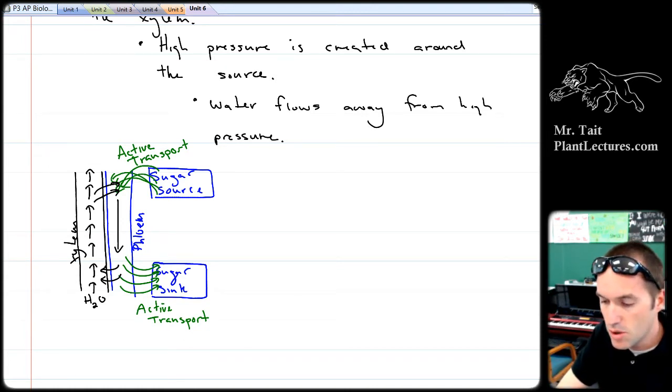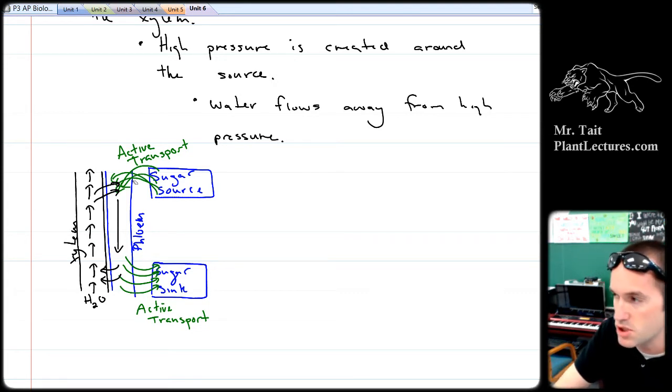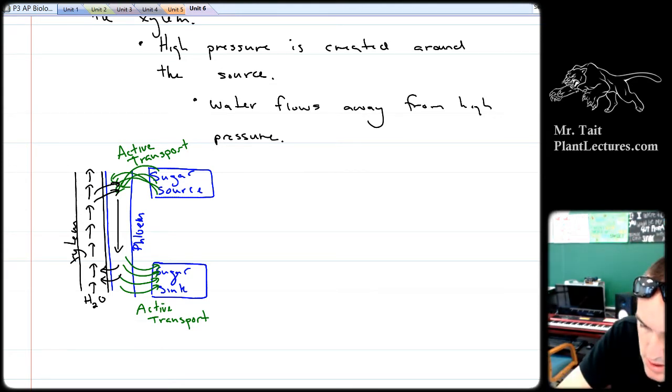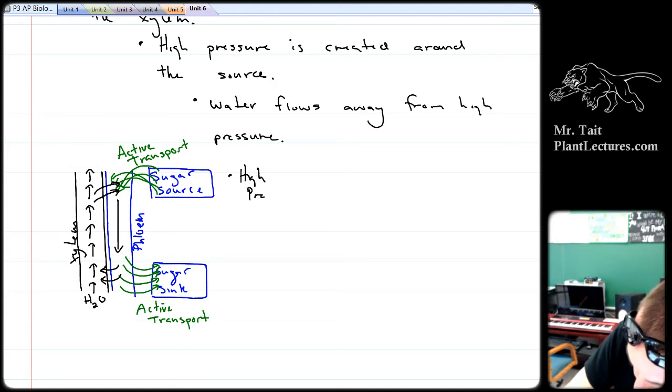Right? So this pressure-directed flow is twofold. You've got high pressure at the sugar source caused by osmosis of water coming in, and you got low pressure at the sugar sink, which is caused by osmosis of water traveling out. Right? So this is high pressure, and this is low pressure.